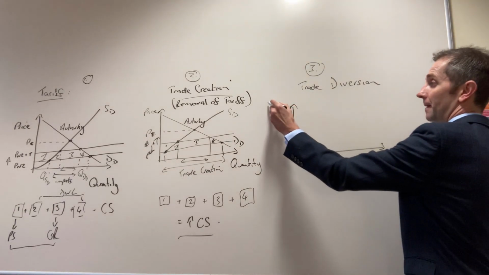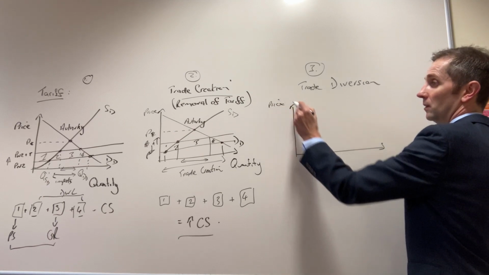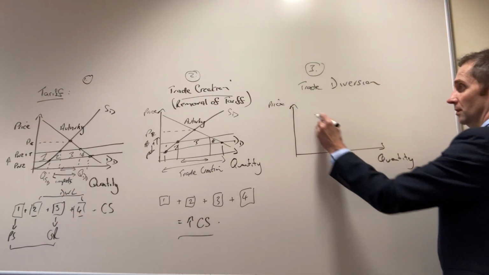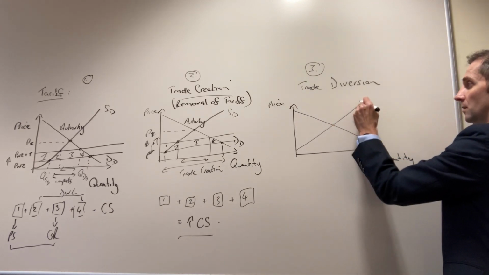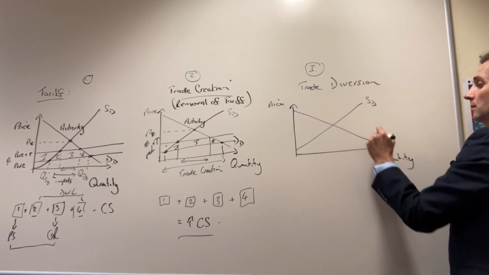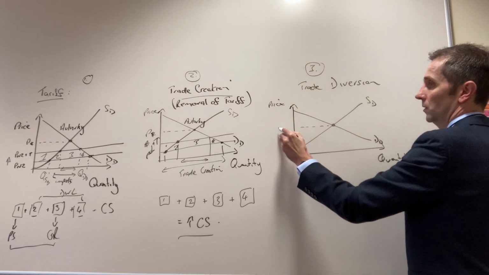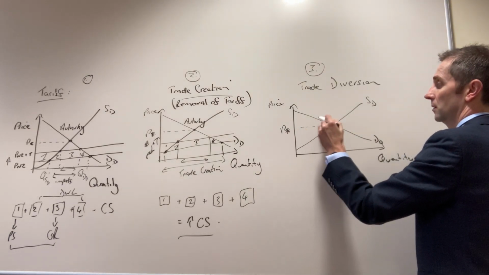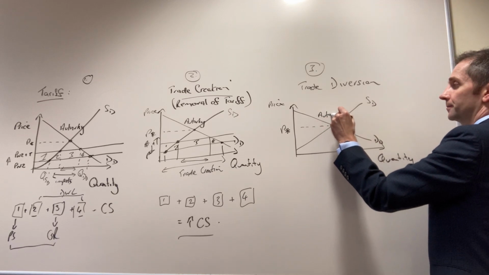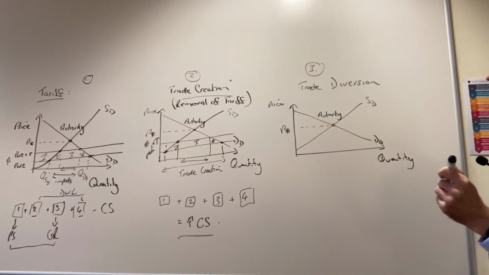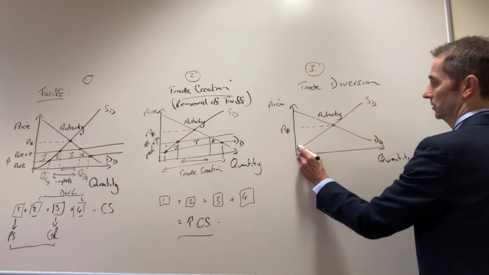Same pretty much start as before, so the domestic supply, domestic demand, and then in the middle the price with no trade, and then let's say New Zealand at the very bottom, because it's the cheapest and most efficient.